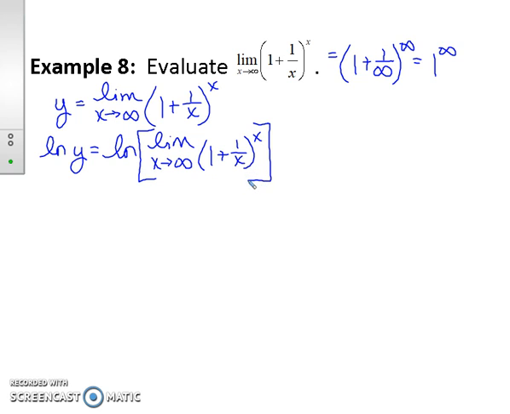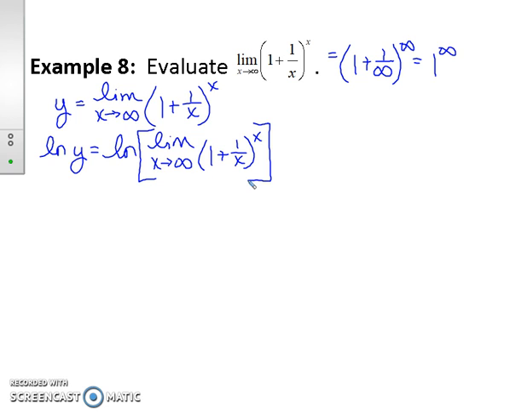to the x. Now, those exponents can be moved in front as coefficients as long as the natural log is attached to, in this case, the 1 plus 1 over x. Well, there's that whole limit as x goes to infinity in the way. But one of the things we know about limits is that if the limit of (1 plus 1 over x) to the x converges to something, then that also means that the limit of the natural log of that would converge, not necessarily to the same thing, but it will converge.